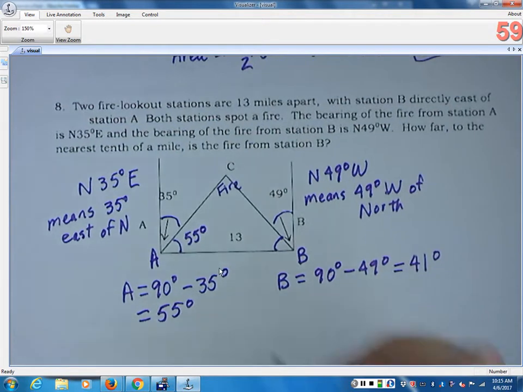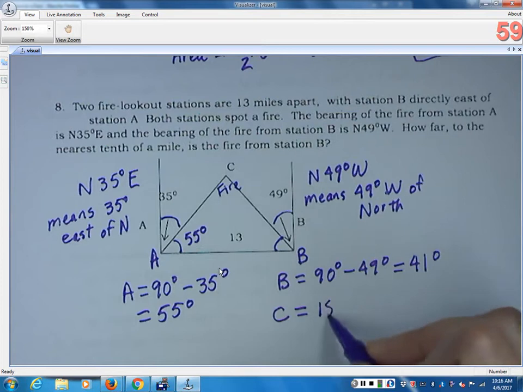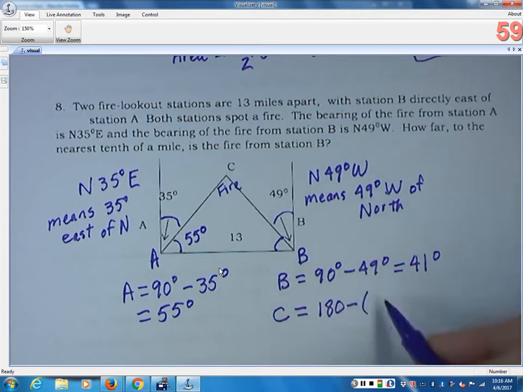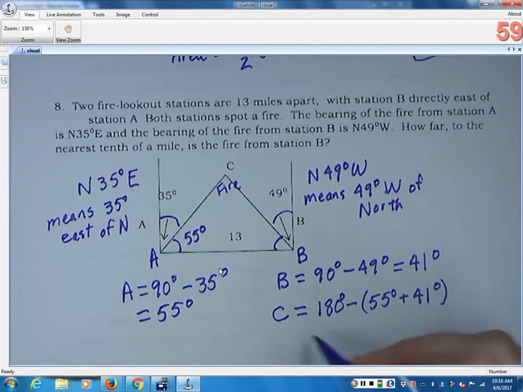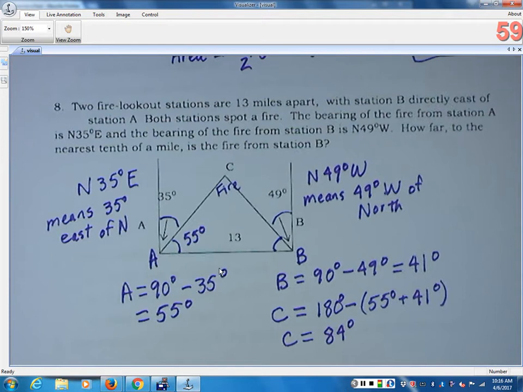So we can find angle C is 180 minus the sum of those two, 55 plus 41. And that's 84. So now we know angles A, B, and C.